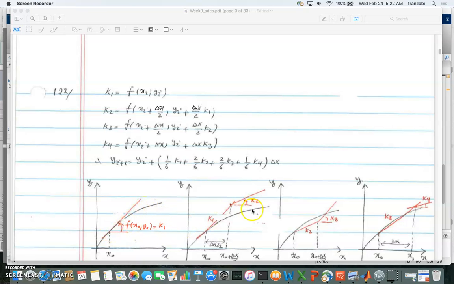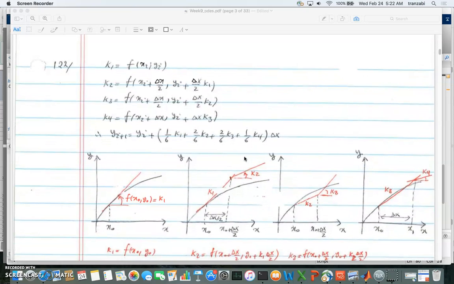We talked about k1, k2, k3, and k4. So we proved that these k's are nothing but the slope of the function at different x values. So at the end of the day, RK4 is pretty much like RK2, but instead of having two k values, we're going to have 4.